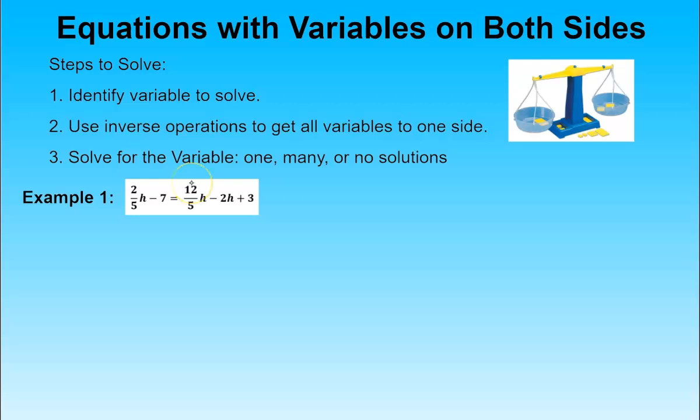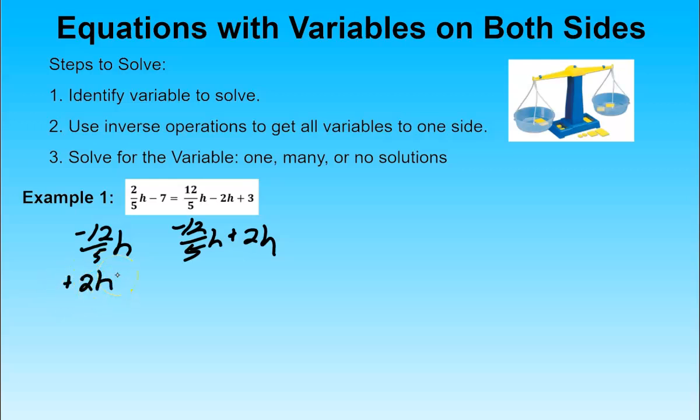So the opposite of adding 12/5 h is subtracting 12/5 h. And then the opposite of subtracting 2h is adding 2h. Now I'm going to do that on both sides here. So minus 12/5 h, and then it's a plus 2h.